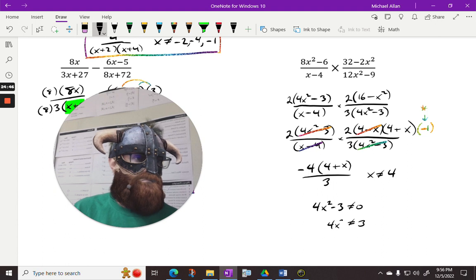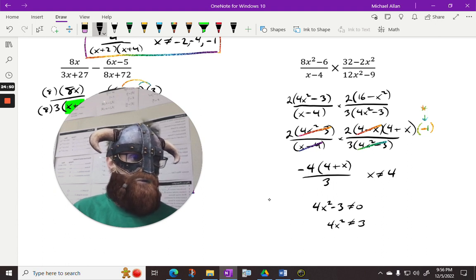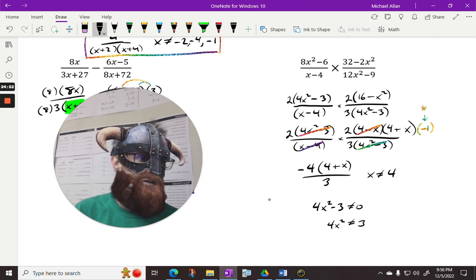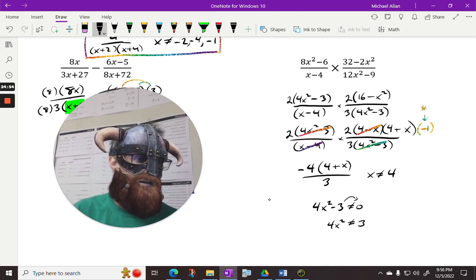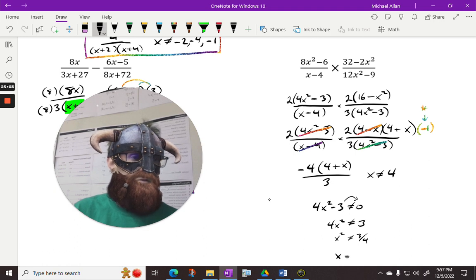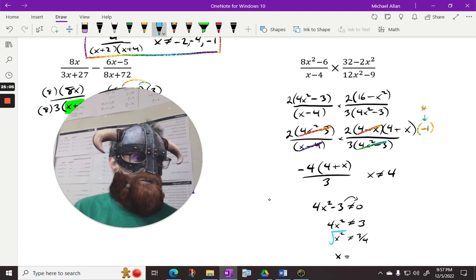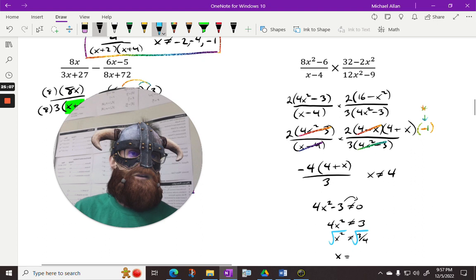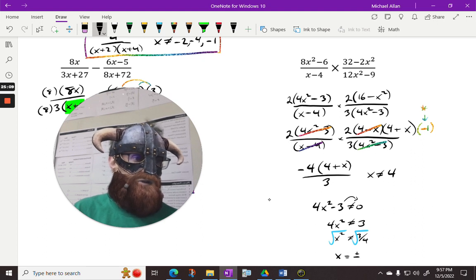So I don't want 4x squared to be a 3, because if 4x squared was a 3, 3 minus 3 would be 0. Okay, so I start rearranging this around. Then I divide by 4. And then I'm going to take the square root of both sides here. And because I took the square root, it's going to be plus or minus the square root of 3 over 4.